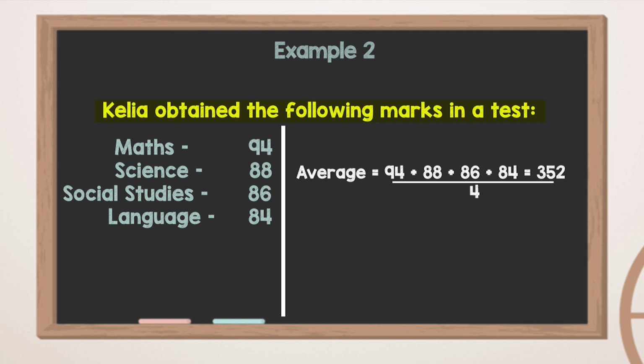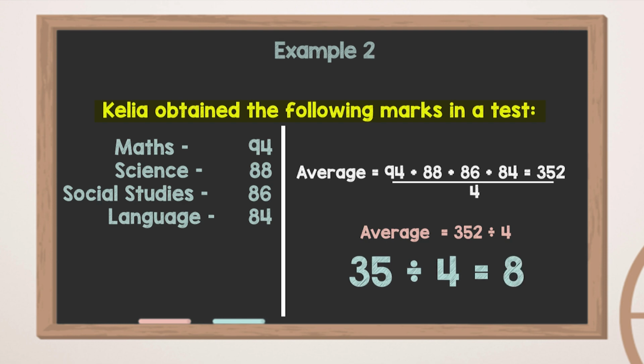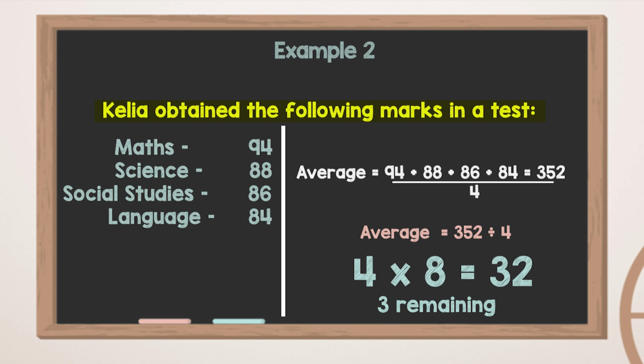So, average equals sum of marks, 352, divided by number of subjects, 4. So we have to divide 352 by 4. So this is a big number. Let's work a short division. How many times can 4 go into 35? 8, because 4 8s are 32 and 3 remains.